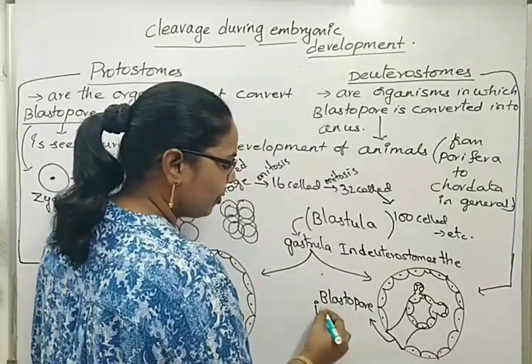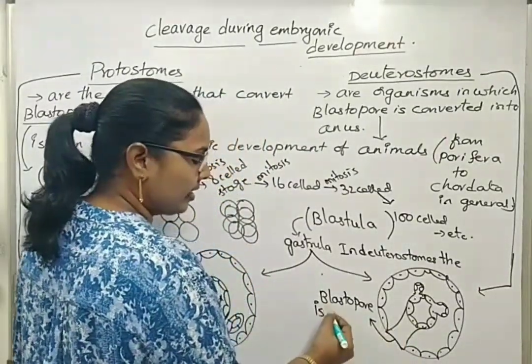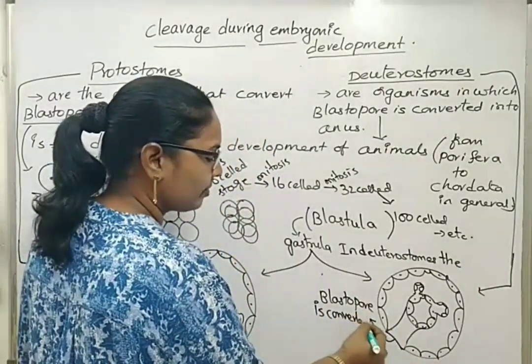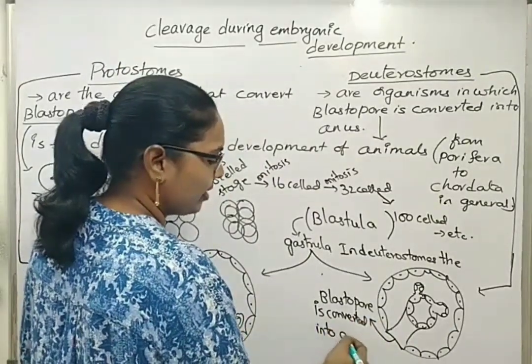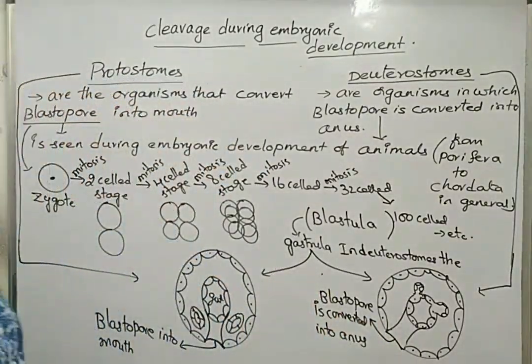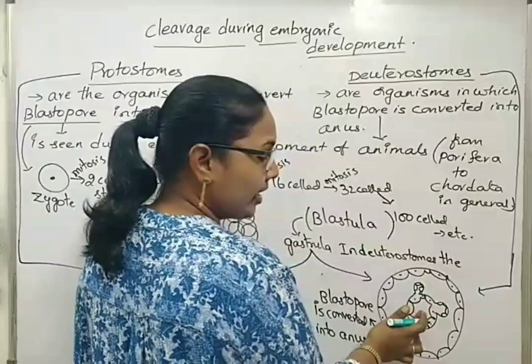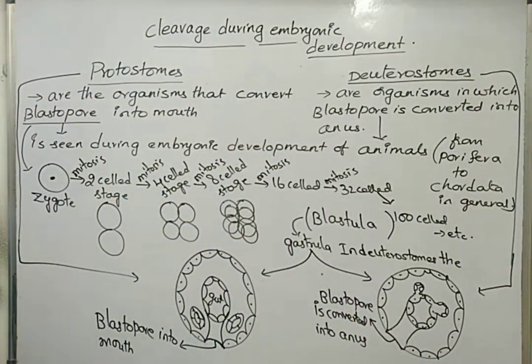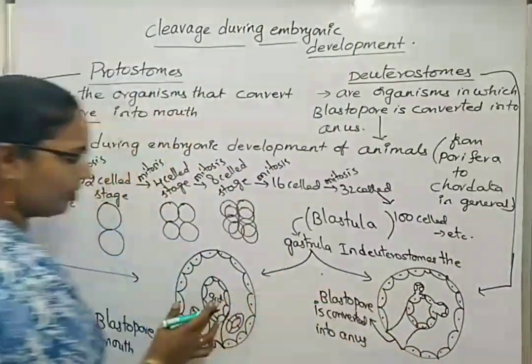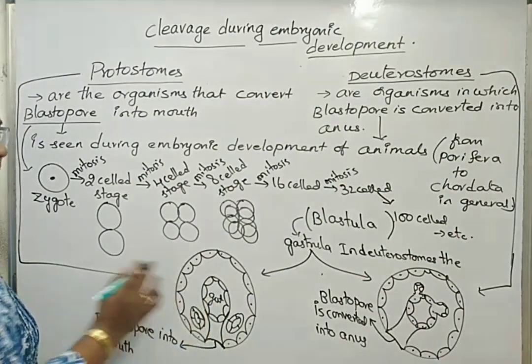Now here blastopore, which is entry of the gut, is converted to anus. Such type of organisms are called as deuterostomes. Now, this structure we are giving a term here as archenteron. This is normally we used to call as gut.